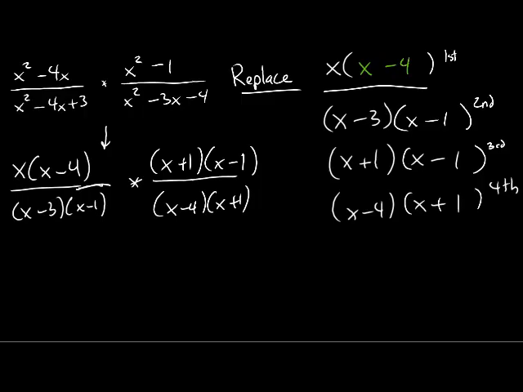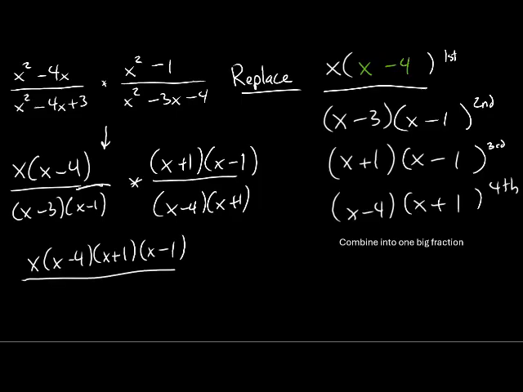When we multiply, we can combine these two fractions into one very big fraction. And so on top we will have x times x minus 4 times x plus 1 times x minus 1. On the bottom we'll have x minus 3, x minus 1, x minus 4, x plus 4.